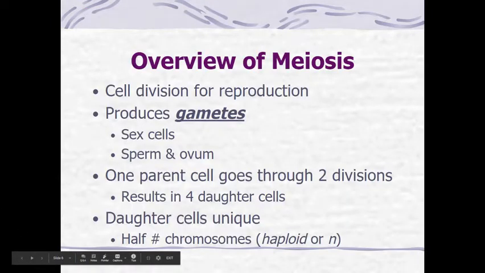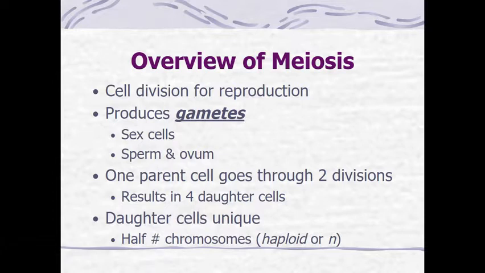So an overview of meiosis. Meiosis is cell division for the purposes of reproduction. Meiosis produces the gametes, or the sex cells, which are sperm and ovum. In meiosis, one parent cell goes through two divisions, and that ends up resulting in four daughter cells.